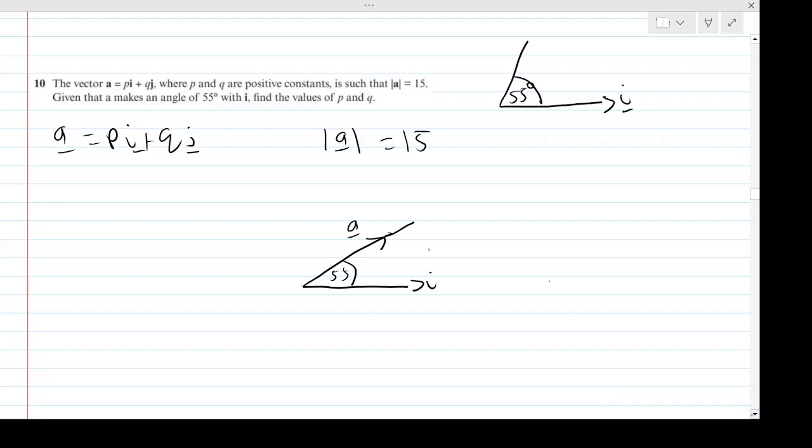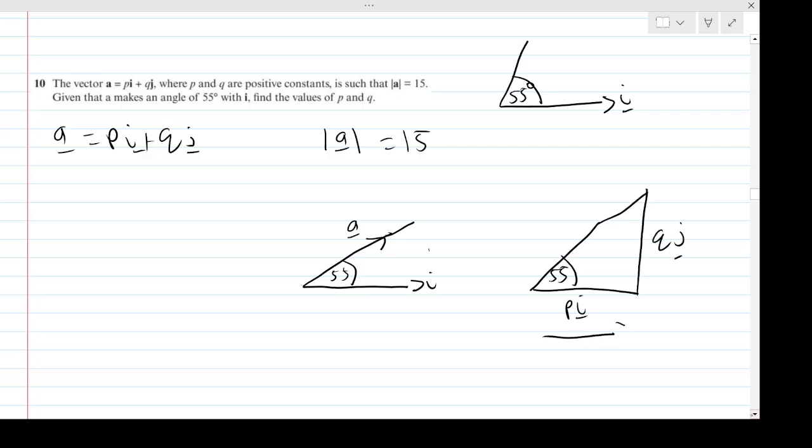So effectively we've got the triangle of this. The angle of 55 here, and then that's going to be the I part, so it's going to be PI, and this is going to be QJ, the J part.